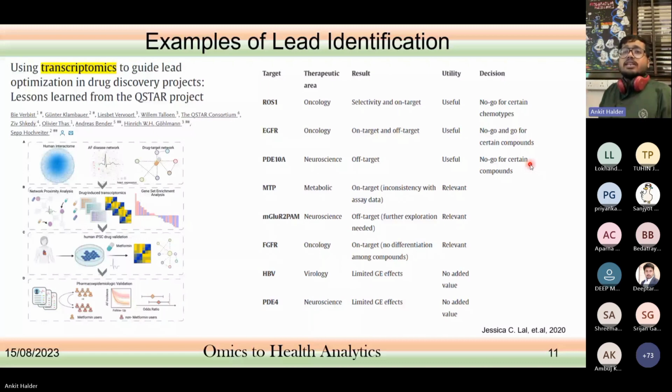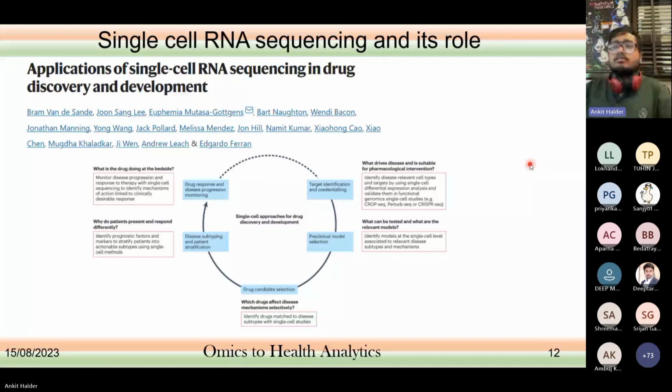Now the advancement is single cell RNA sequencing; from RNA sequencing we are going to single cell RNA sequencing. Why single cell RNA sequencing is important is that tumors, mostly, are very diverse, tumor heterogeneity exists, and the cell makeup of that particular tissue is quite different.